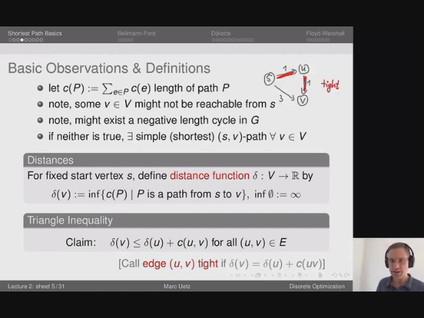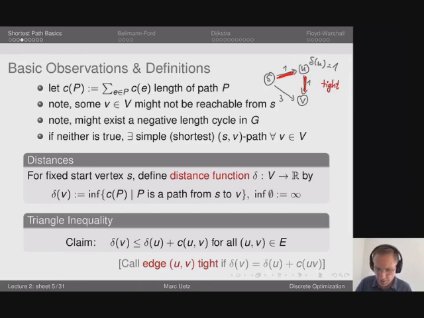So a little example here for tightness. There is a graph here with 3 vertices. The distance to reach vertex U, well, that's not too difficult here, delta of U would be 1 here. The distance to reach vertex V would be along this path here.